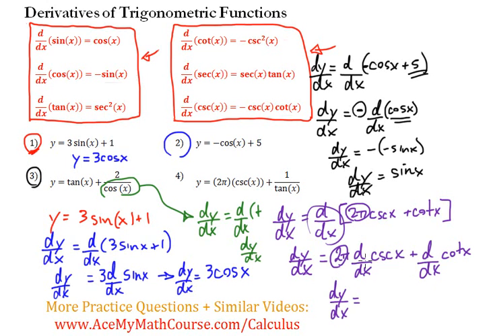So 2 pi times the derivative of cosecant, which is negative cosecant cotangent, I get negative 2 pi cosecant of x cotangent of x plus, now the derivative of cotangent, like I mentioned before, is just negative cosecant squared. So I can just write minus cosecant squared of x.